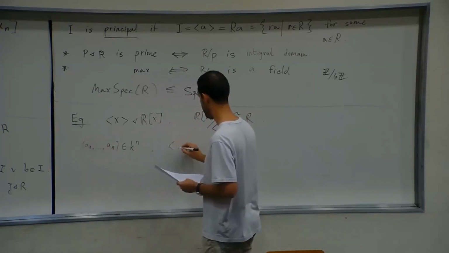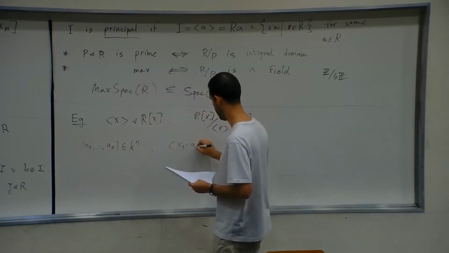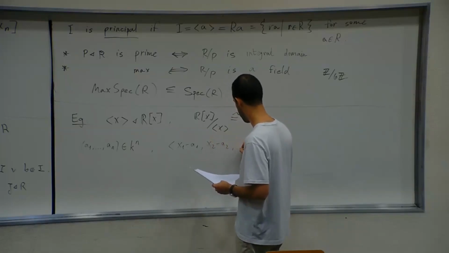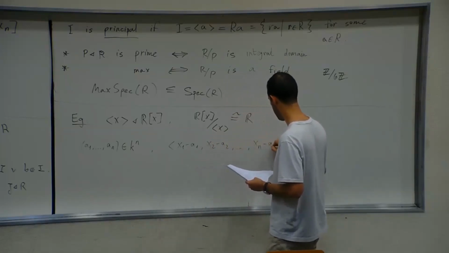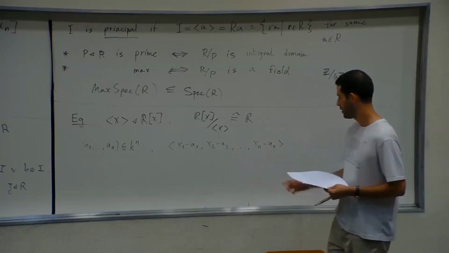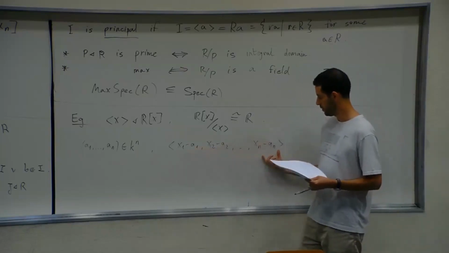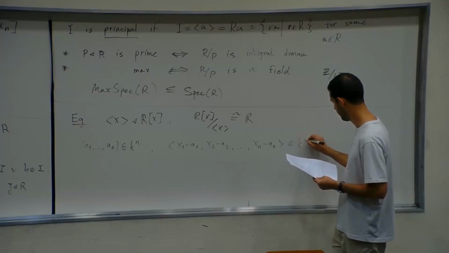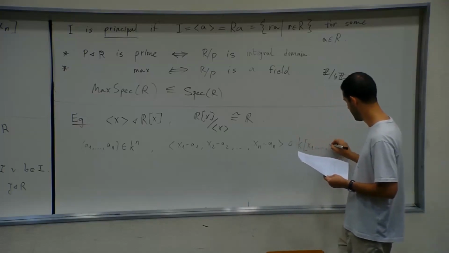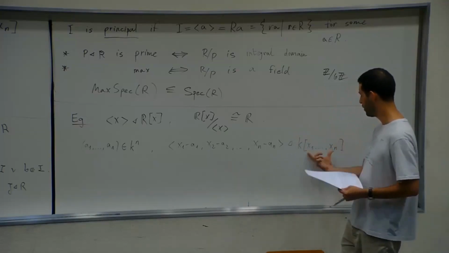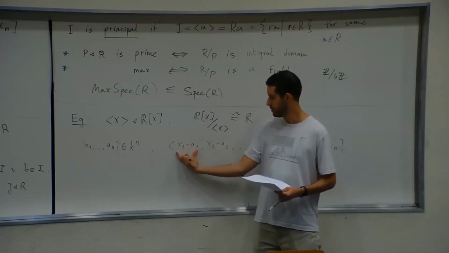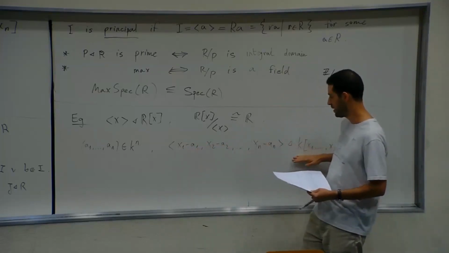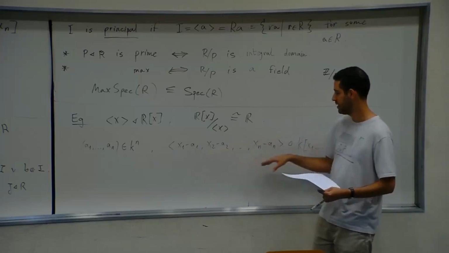Then we can consider the ideal generated by not one, but all these functions. An element in this ideal is of the form some multivariate polynomials times this, plus some other multivariate polynomials times that, and so on.